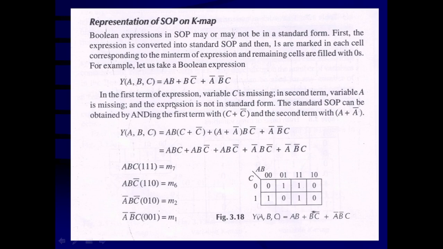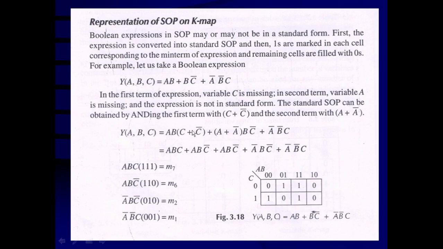So in the first term of the expression, the variable C is missing. In the second term, variable A is missing, and the expression is not in a standard form. The standard sum of product equation can be obtained by ANDing the first term with the missing variable C plus C bar, and the second term with the missing variable A plus A bar.